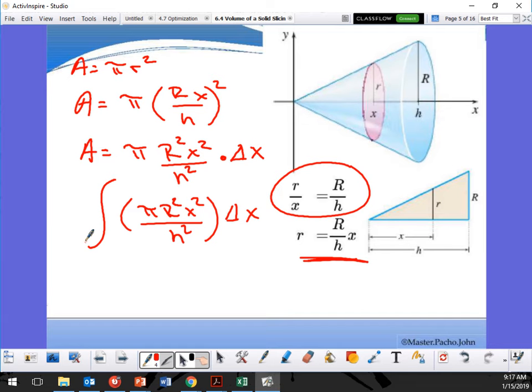Now, integration of that. I don't actually have any real bounds on this yet. I know that it's just going to be some formula for this.